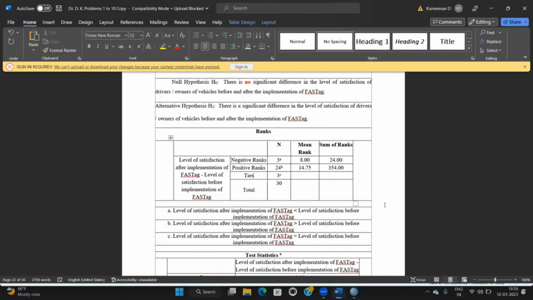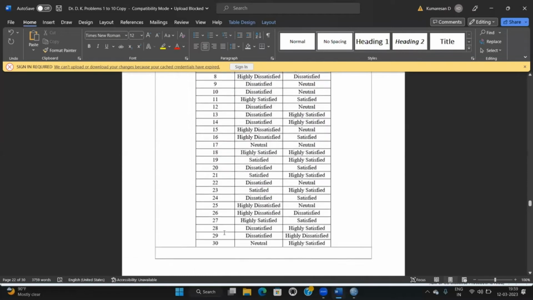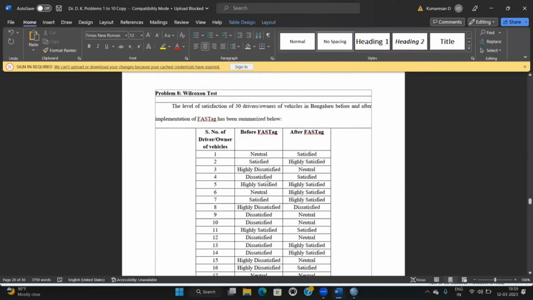Okay. How can we decide whether it is less than, greater than, or equal? See here, data is given like this. We have ordered it as highly satisfied, satisfied, neutral, dissatisfied, and highly dissatisfied.